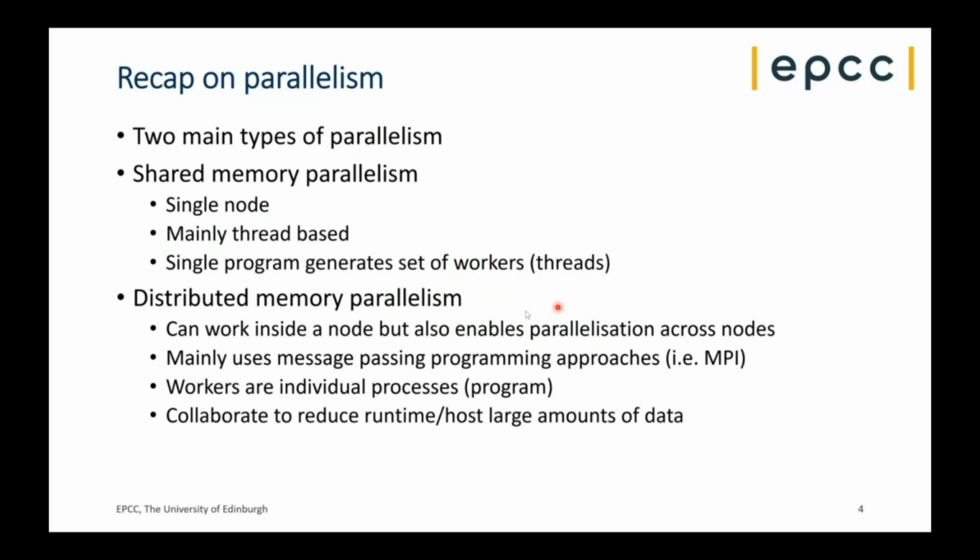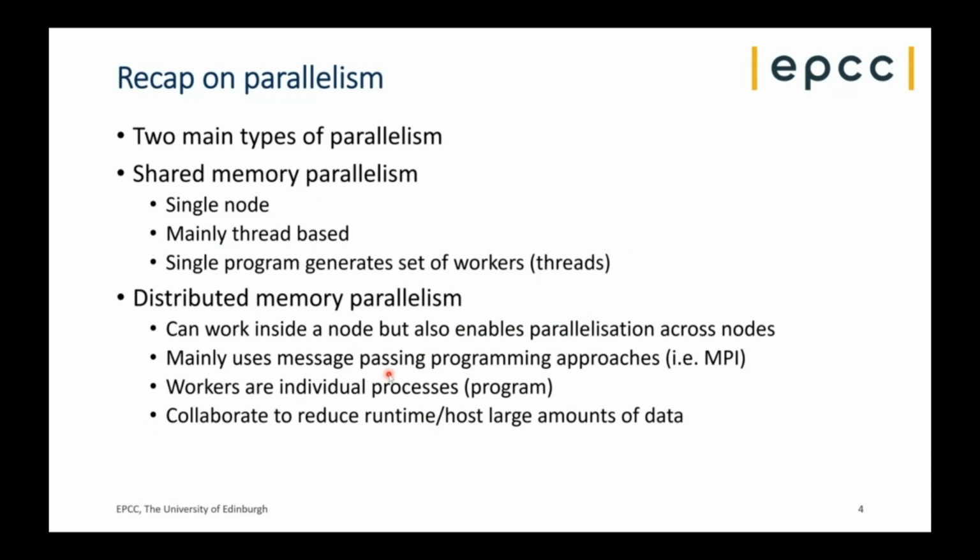They can all share the same data easily. In distributed memory parallelism, like MPI, you create lots of separate individual workers, and they can only share things between them by sending messages. And so you have to physically program that message sending, and that's why it's harder to do.